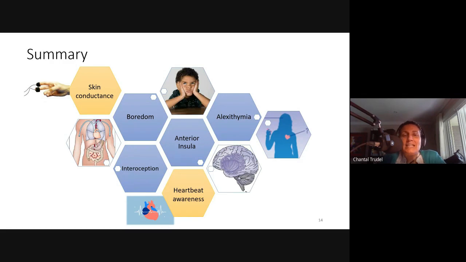So as a recap, given that the insular cortex is downregulated when boredom is induced and upregulated when trying to escape the experience, the interoceptive sensations are associated with the anterior insula, an important brain region for predicting and possibly labeling affective or emotional states. Knowing that boredom proneness is associated with alexithymia, a difficulty to recognize emotion, and that alexithymia is prevalent among patients with damage to the anterior insula compared to other traumatic brain injuries or healthy controls.